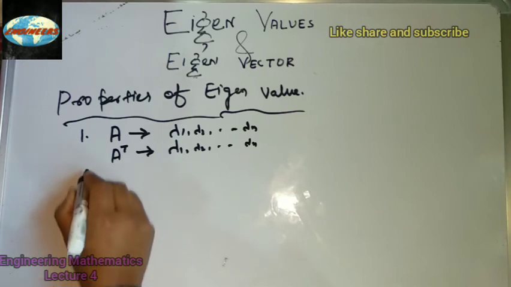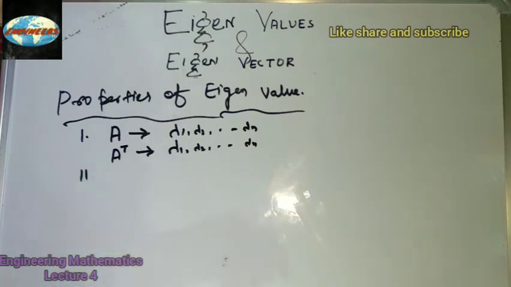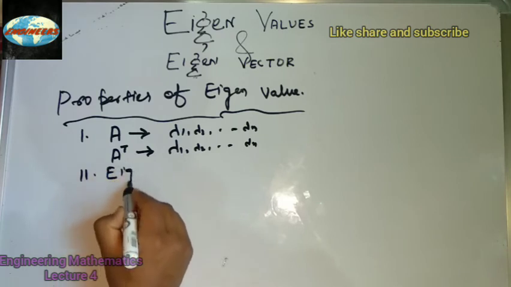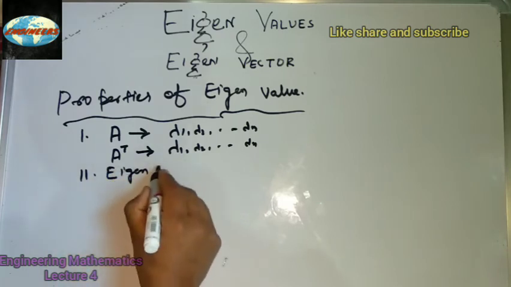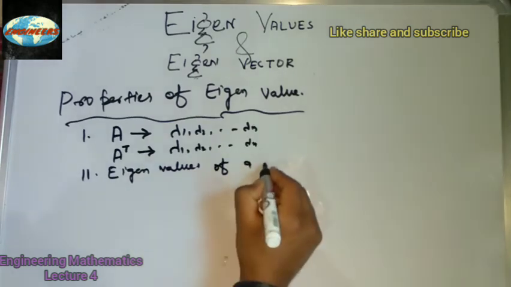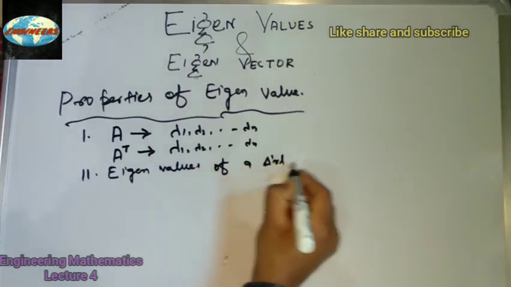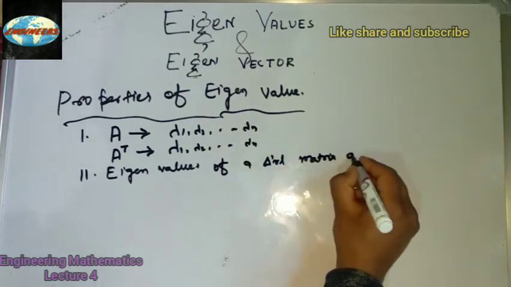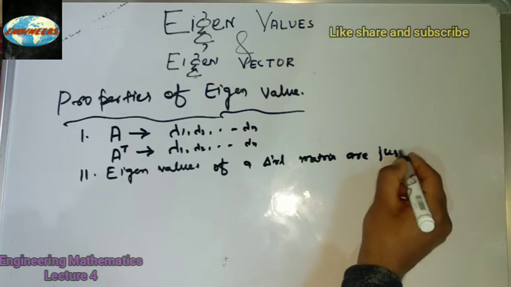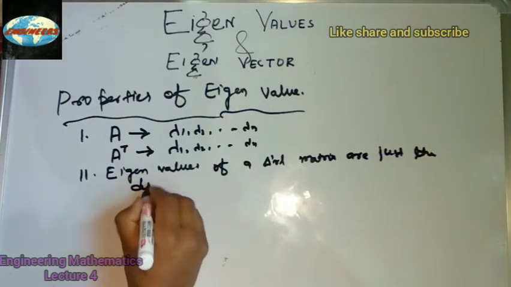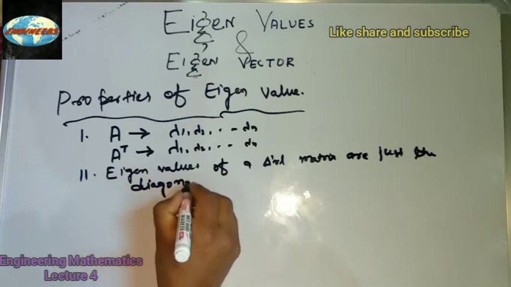Okay, second property: eigenvalues of a triangular matrix are just the diagonal elements.